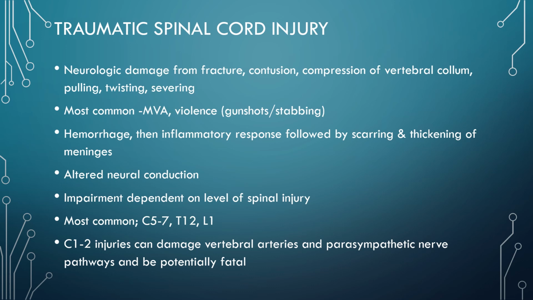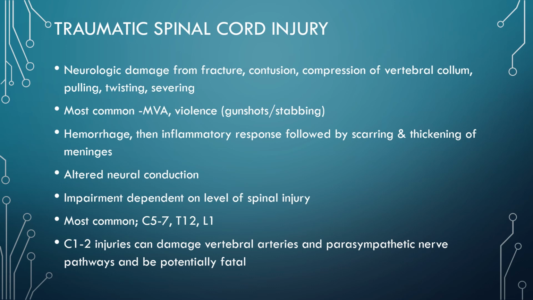And when there's thickening of your nerve fibers, impulses don't travel as quickly or as effectively. So you have loss of, or at least slowed or altered neural conduction. The physical impairment is going to depend on the level of the spinal injury.